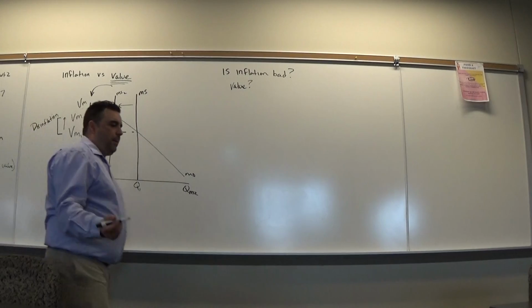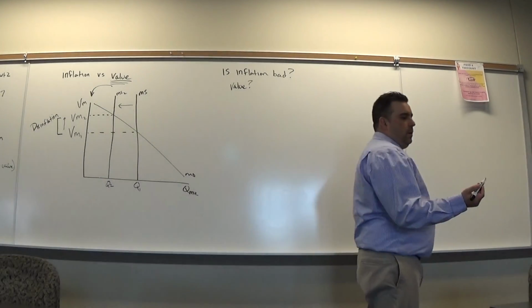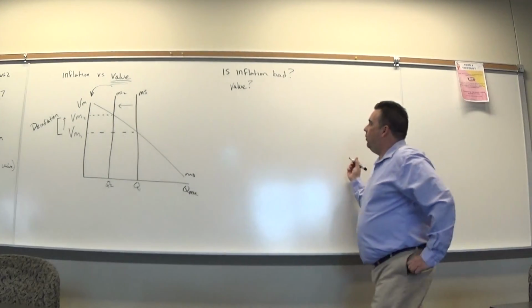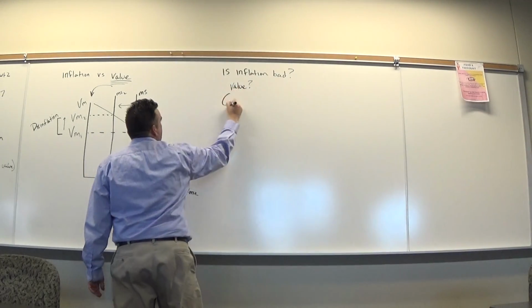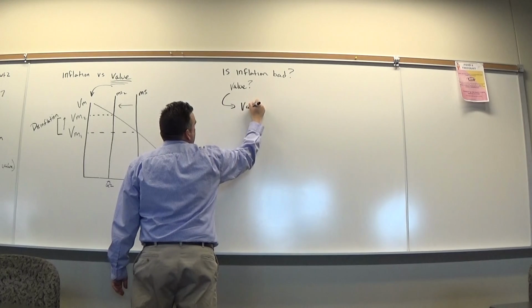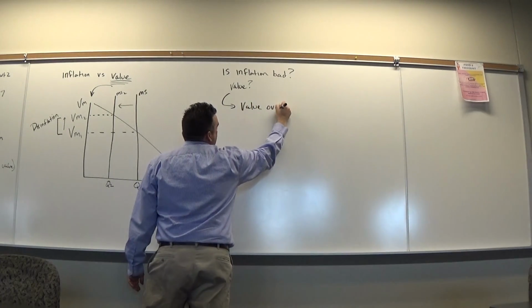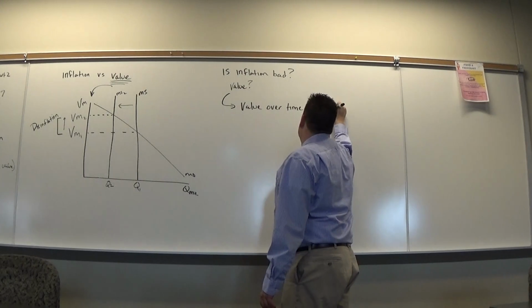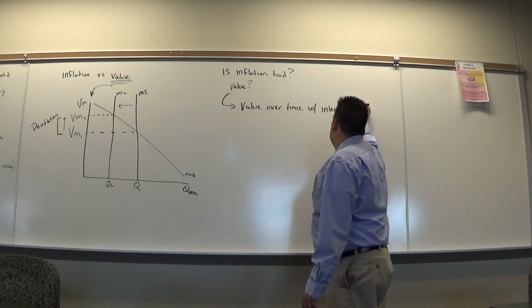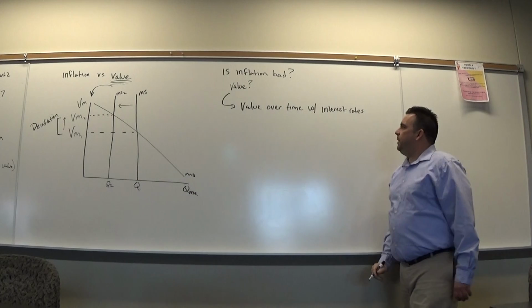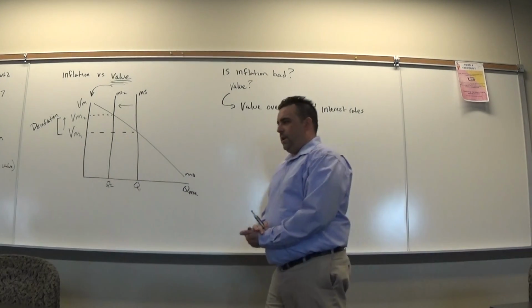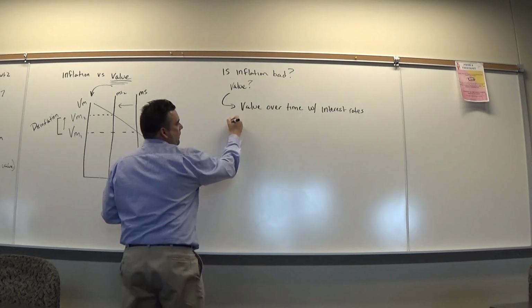And if we're talking about purchases over time and combining it with that idea of an interest rate from our previous model, we have to ask the question: what's going to be the effect on value over time when we take into account the interest rate? Effectively, we want to think of the value of debt.